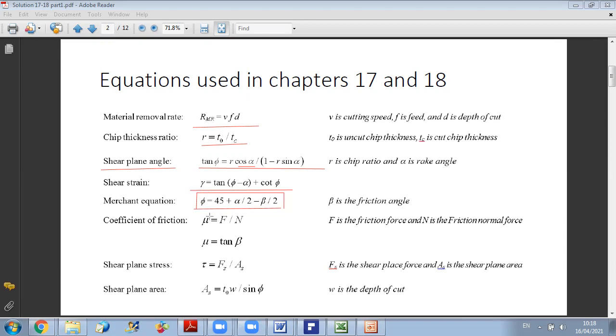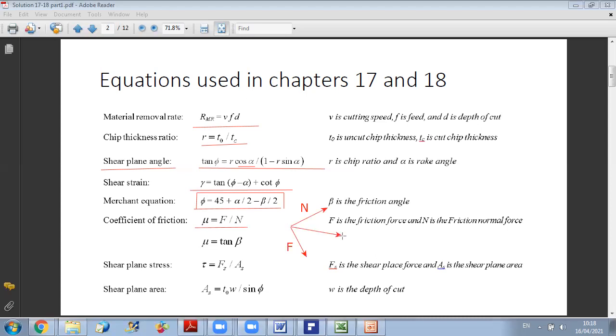Now, concerning the friction coefficient, we have seen that it is given as the ratio of the friction force over the normal force, and the friction coefficient will give us the angle beta, which represents the angle between the resultant and the normal. Because if you represent your forces, this is F, this is N, you will get a resultant force.